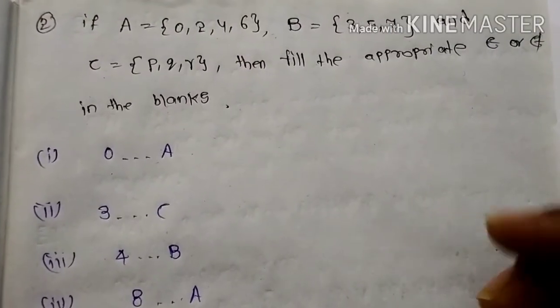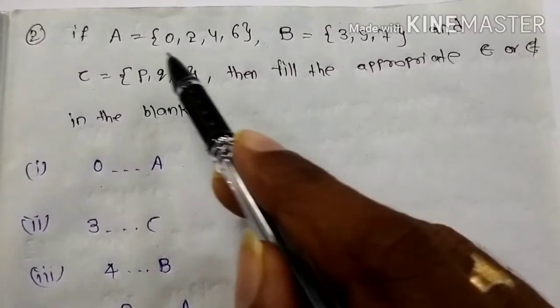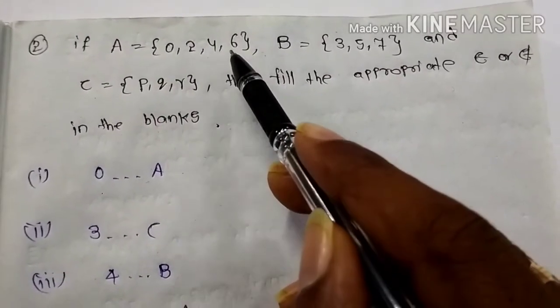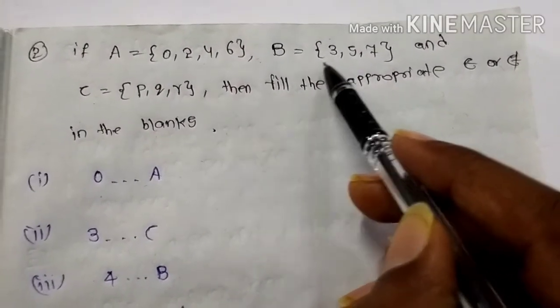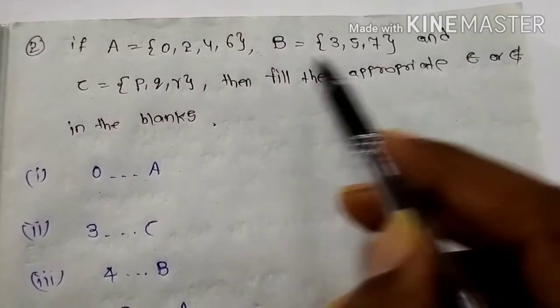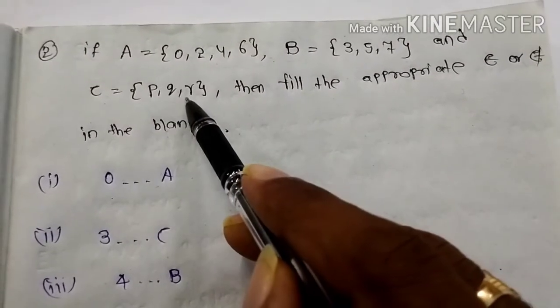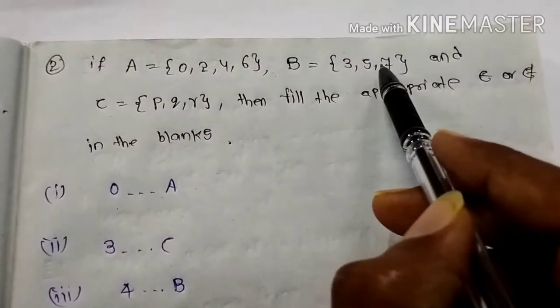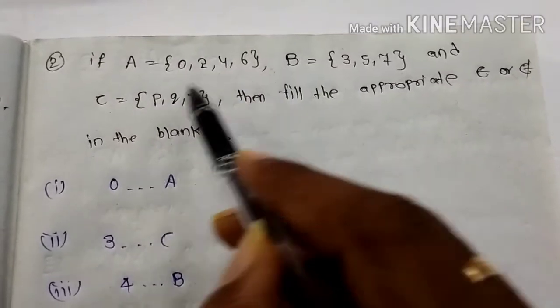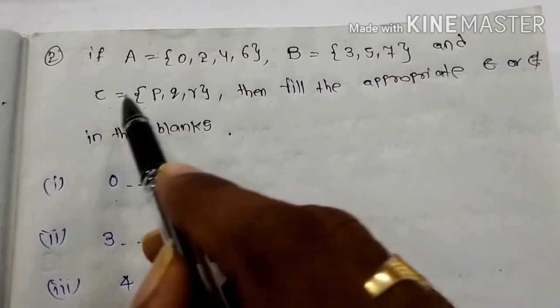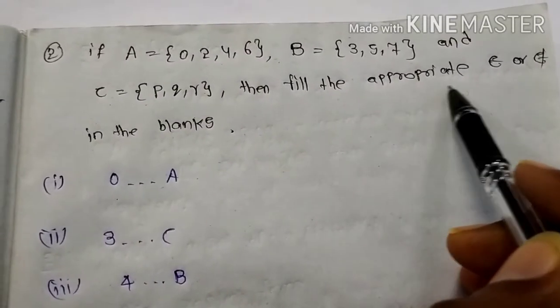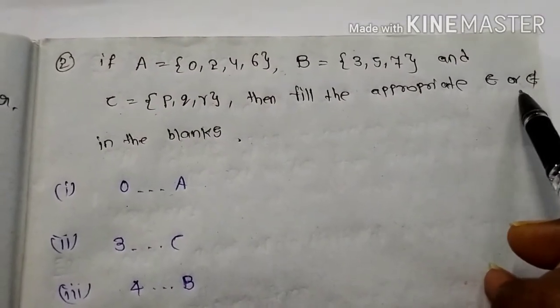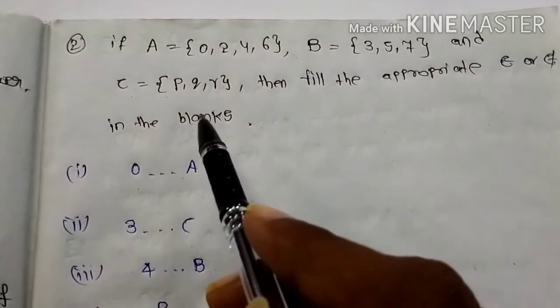Now see another question. Second one. If A = {0, 2, 4, 6}, B = {3, 5, 7} and C = {P, Q, R}. That means 0, 2, 4, 6 are the elements of A, 3, 5, 7 are elements of B, and P, Q are elements of C. Then fill in the appropriate belongs to or does not belong to in the blanks.